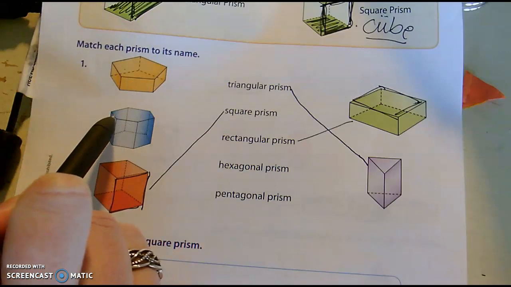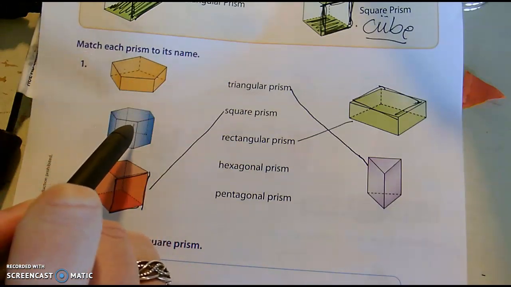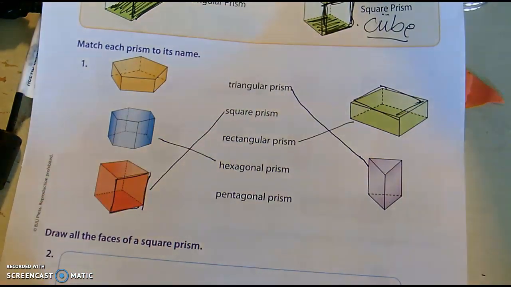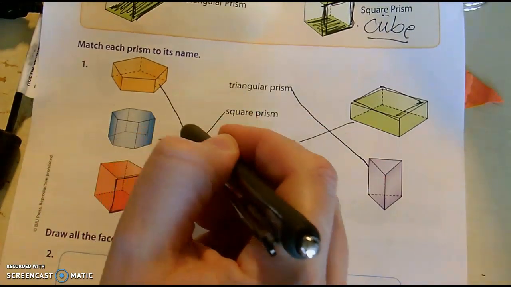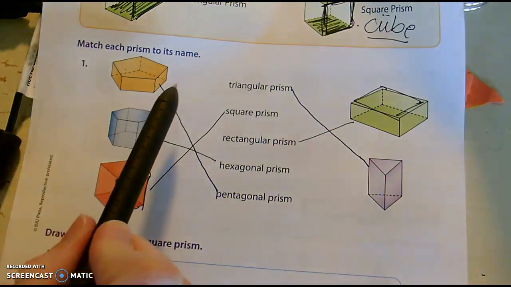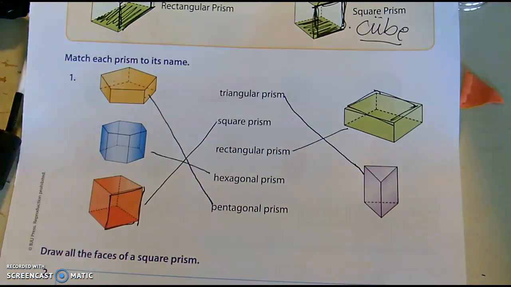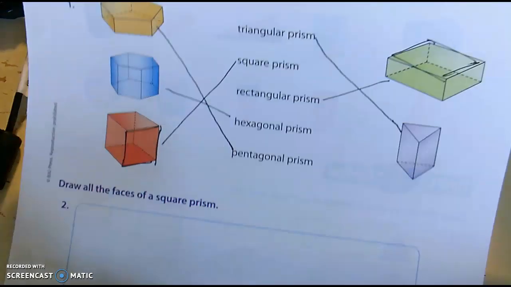Let's check this. 1, 2, 3, 4, 5, 6. So this is a hexagonal prism, which means the yellow one has to be a pentagonal prism because a pentagon has 5 sides. Easy, easy, easy. We got it.